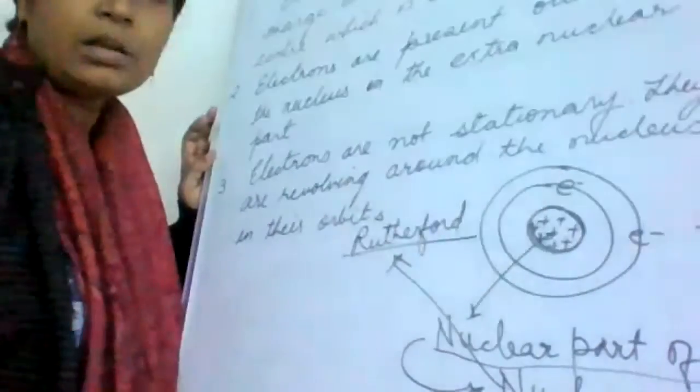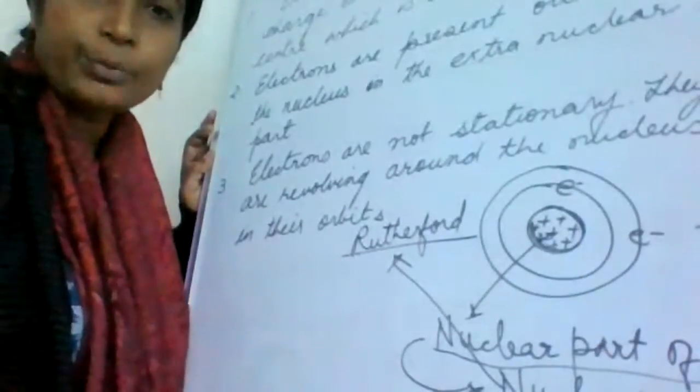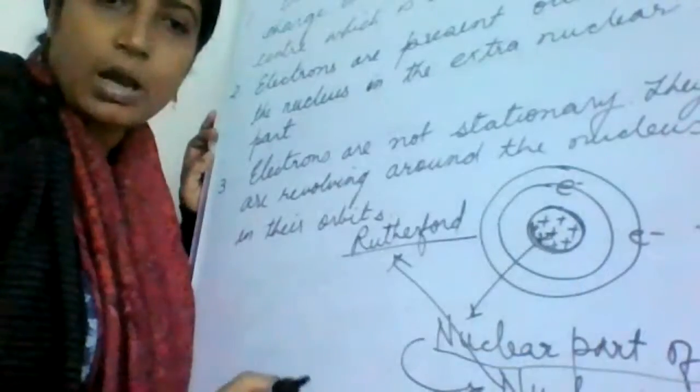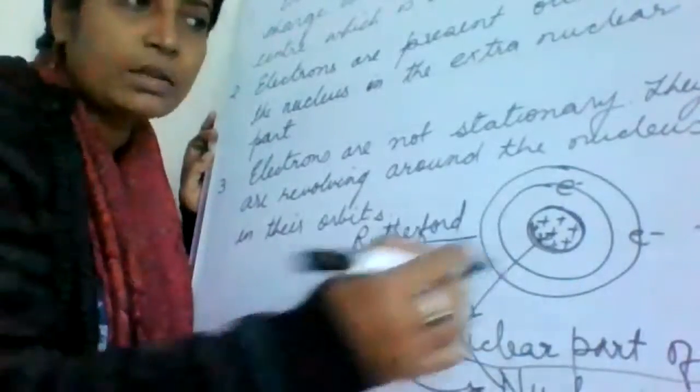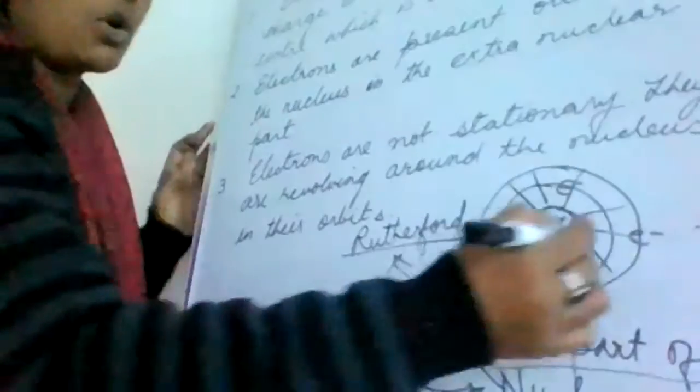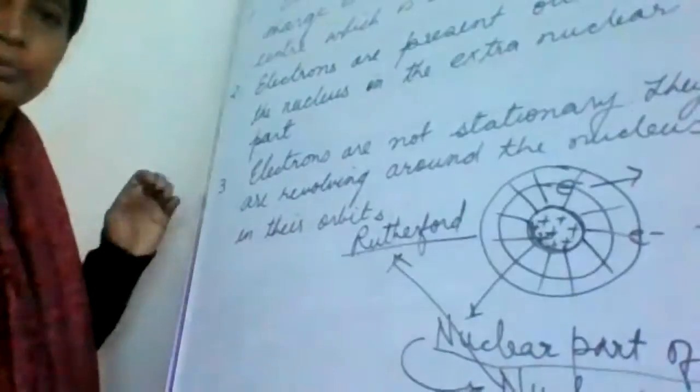And whatever is the left portion of the atom, excluding nucleus, this portion is called what? This is called the extra nuclear part. Let me rub the board and write it here.